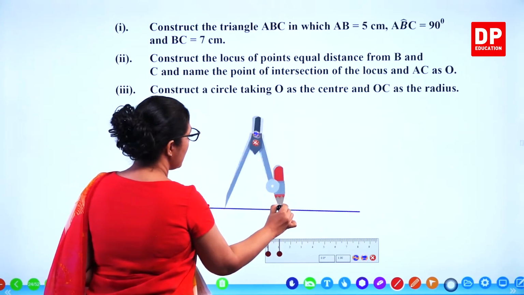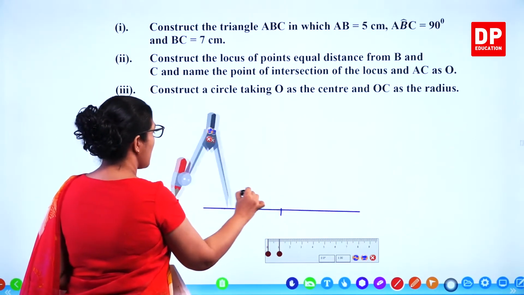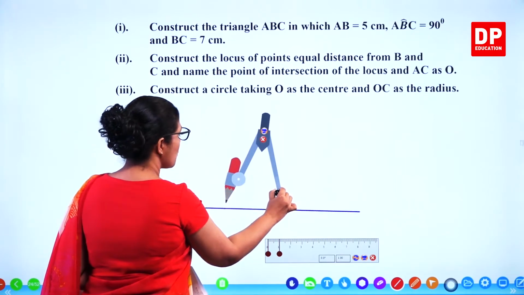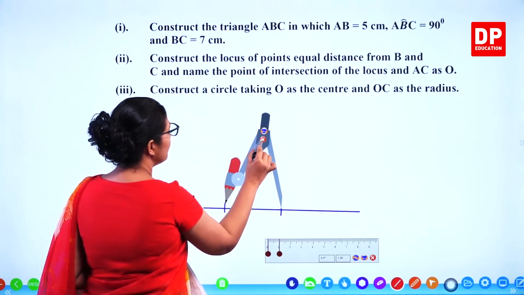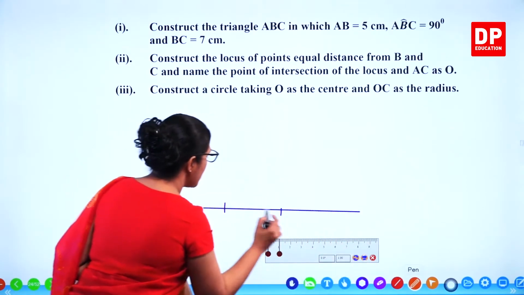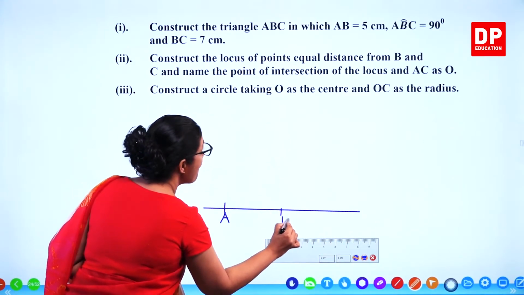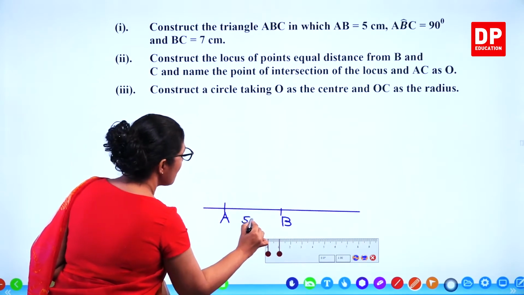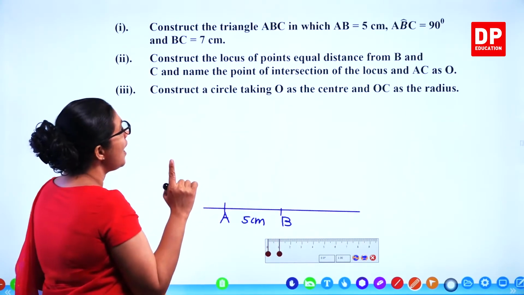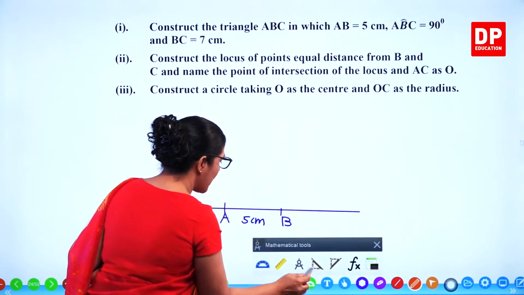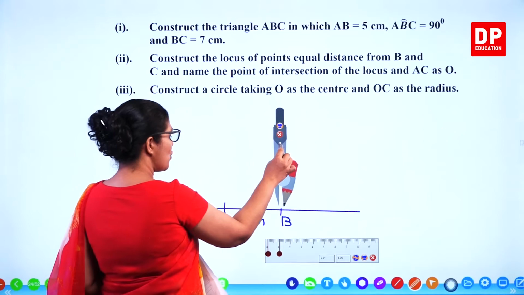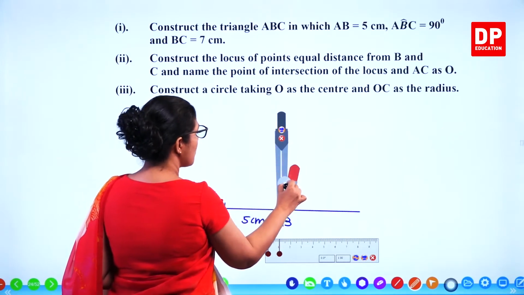Now you can mark it. Take the other side and you can mark this as well. 5 centimeters. This is A, B. And B angle is 90. So you have to draw a perpendicular now. How you draw a perpendicular to B? You take a smaller distance.